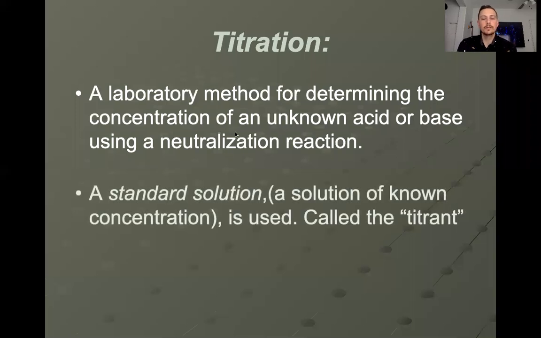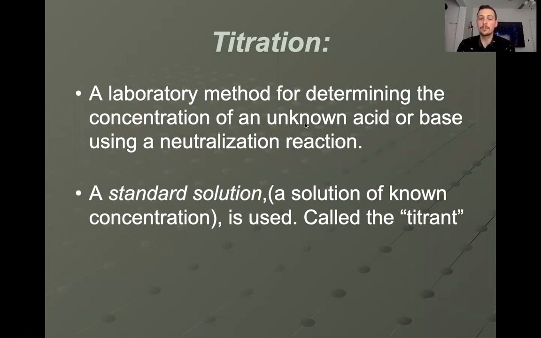When we are performing a titration, we always have two different substances. We have what we call a standard solution, that is a solution of known concentration. In order for us to find, say, the concentration of an unknown acid, we need a standard solution of base that we know the concentration of.